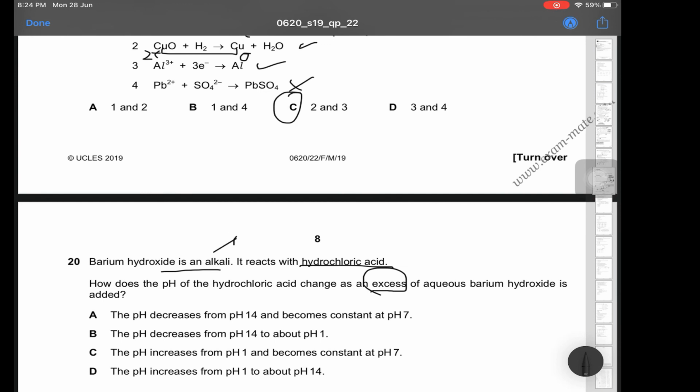So automatically A and B are wrong. Now leave with C and D. Since this is in excess, you don't stop at the neutralization pH of 7. You instead increase to pH 14, since barium hydroxide is a strong alkali. So number 20 is D.